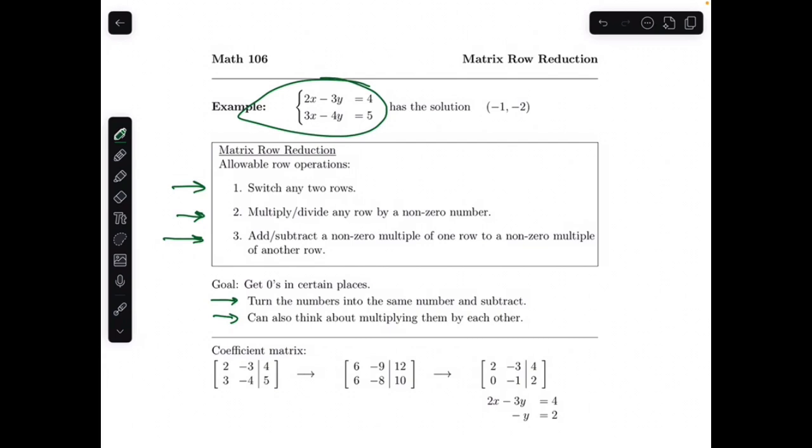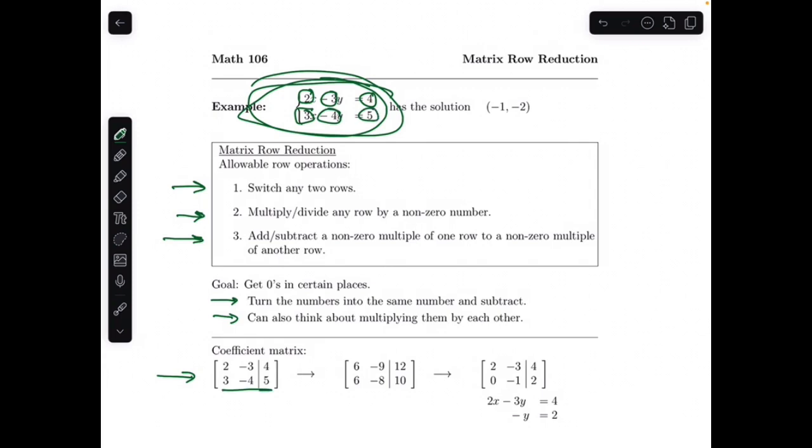So first of all, here's the coefficient matrix for this example. You'll notice I take those equations, and I just take the coefficients out. So I'm just taking the 2, the -3, and the 4, and it gives me this first row, 2, -3, 4. And then I take the 3, the -4, and the 5, and it gives me the second row, 3, -4, 5.